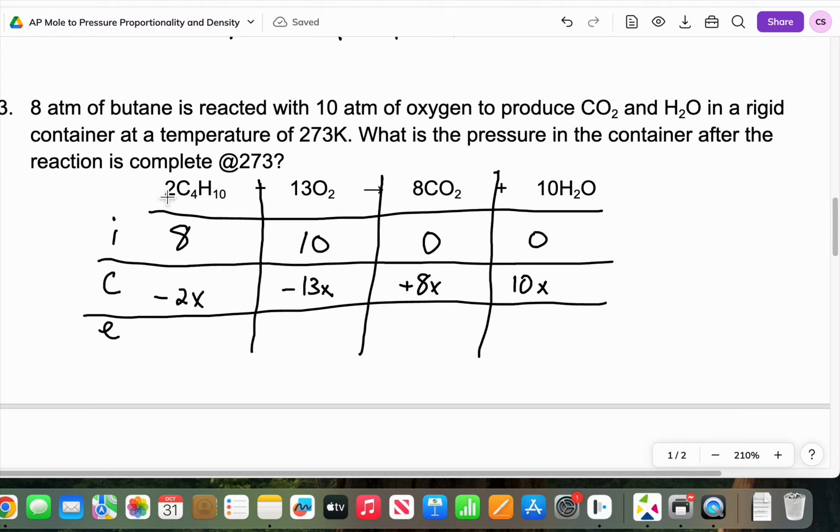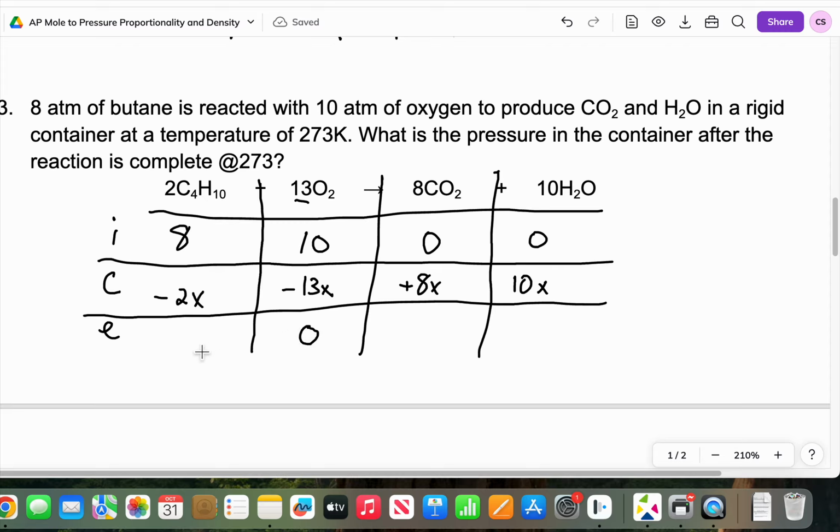For every 2 atmospheres of butane, you need 13 atmospheres of oxygen. I can just eyeball it, and we can talk about this later, but I can tell that the oxygen's going to hit 0 first because it takes way more oxygen than butane. So I'm going to put a 0 here.